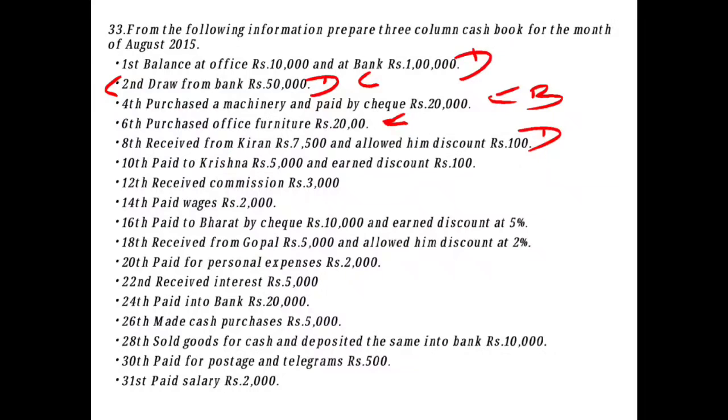Then paid to Krishna 5,000 and earned discount 100. We have paid cash, so again on the credit side you record in the cash column.